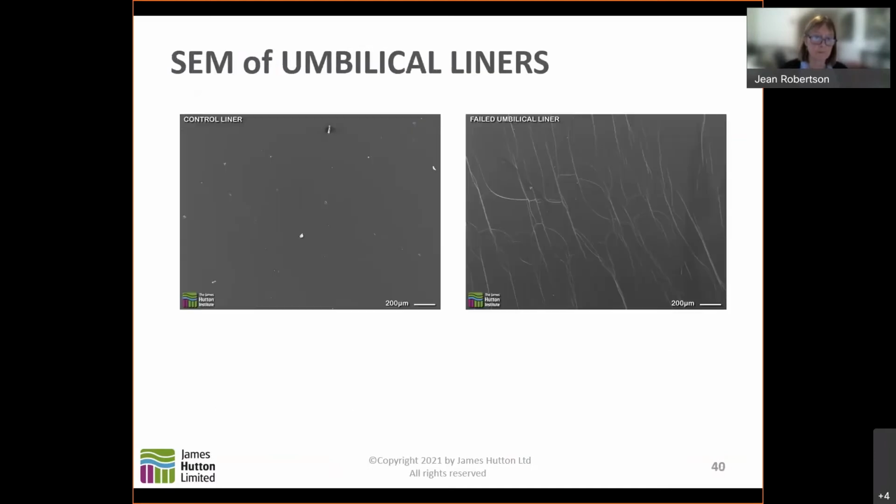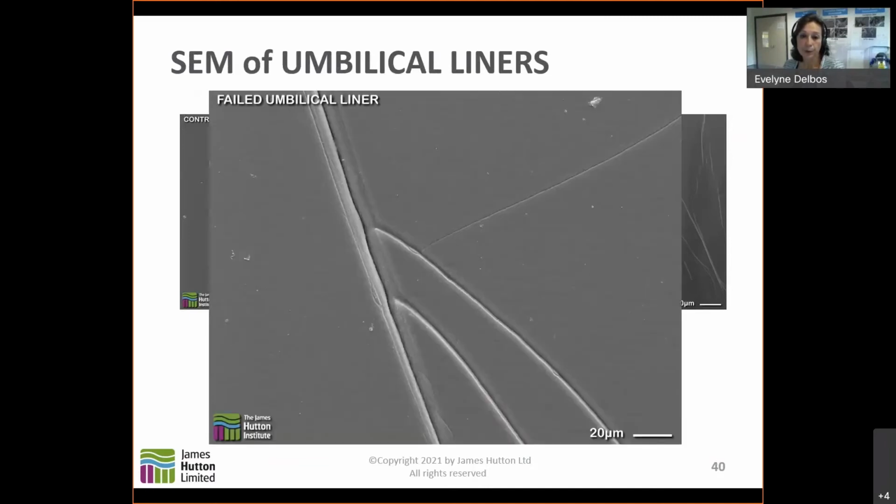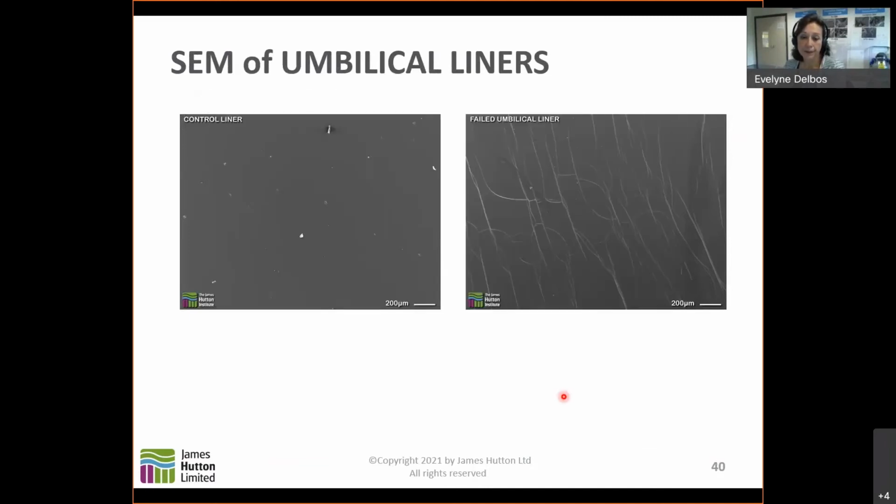Thank you, Jean. And then the last part is doing scanning electron microscopy on the liners themselves. So comparing, again, a control liner and the liner that had been used for the testing.